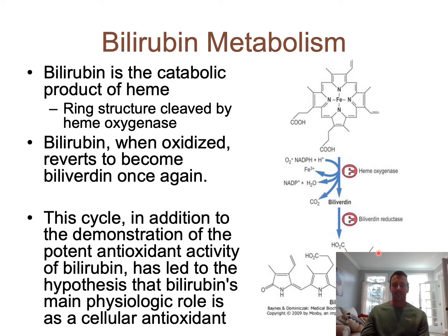This cycle, in addition to the demonstration of the potent antioxidant activity of bilirubin, has led to the hypothesis that bilirubin's main physiological role is a cellular antioxidant. So bilirubin can actually be a good molecule in our body to act as an antioxidant.